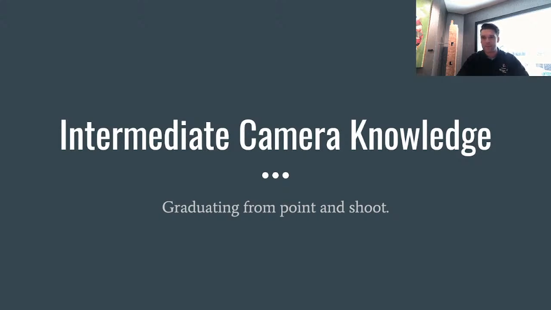So yeah, give it a couple more minutes, get some more viewers on here, and then we'll jump into the presentation. If you guys have any questions in the meantime, please comment in the chat. But today's class is mainly going to focus on a few things. The 2 most important things we're going to focus on are lenses, what we consider the trinity or the holy necessity of lenses.